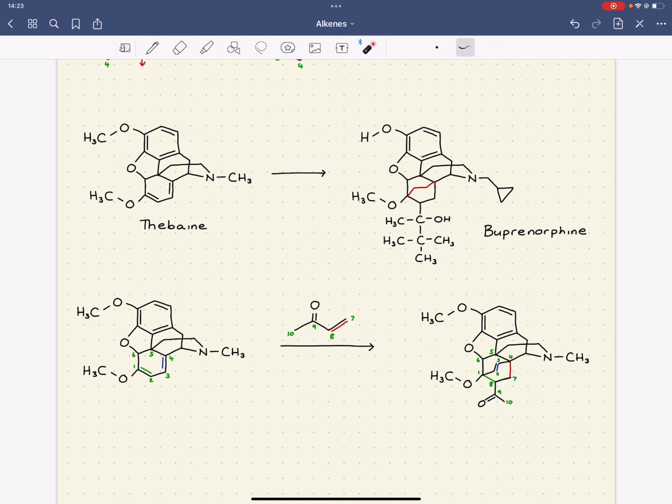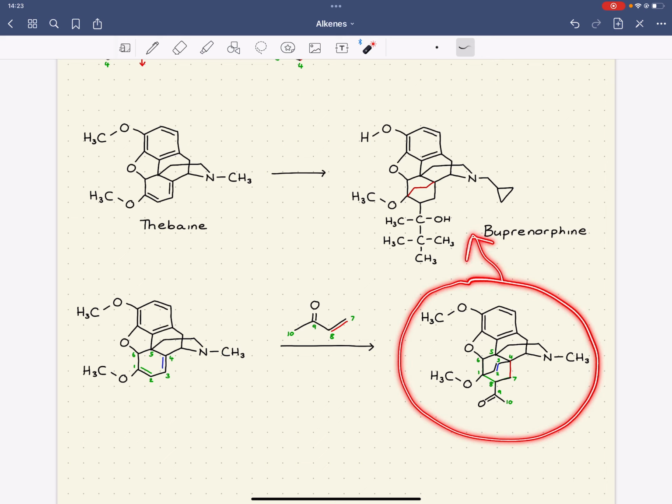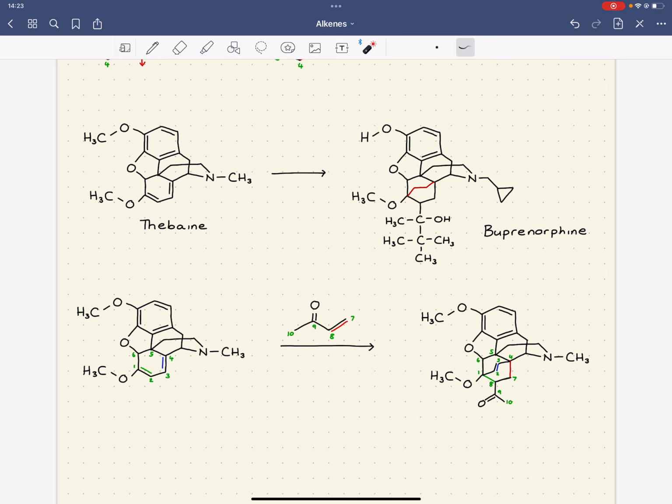Obviously, as I've said, to get from this compound to buprenorphine, we need to do a few more reactions, which obviously involves reducing this double bond and changing some things here. Out of interest, this ketone would react, and you could add all this group on via a Grignard.